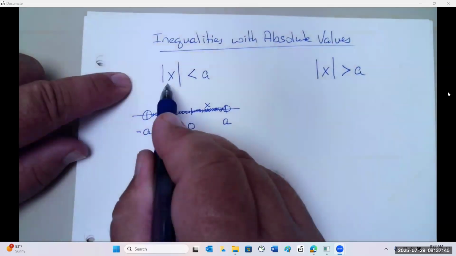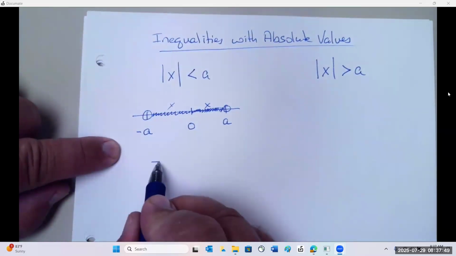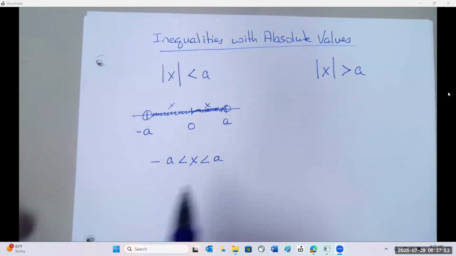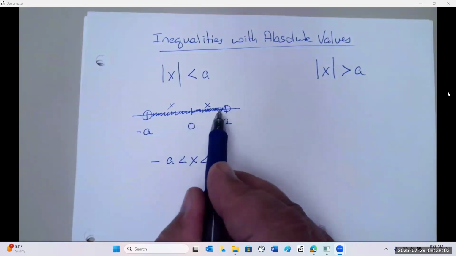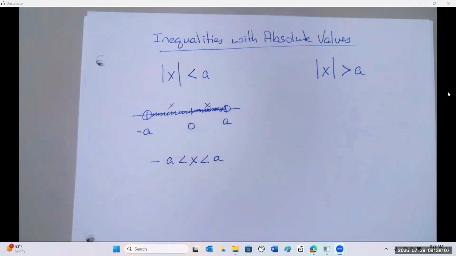So if I have absolute value of x is less than a, what it turns out to be is this equation. Because it's going from 0 to a, that means it has to go from 0 to negative a also. You have to think of the negative side as well.